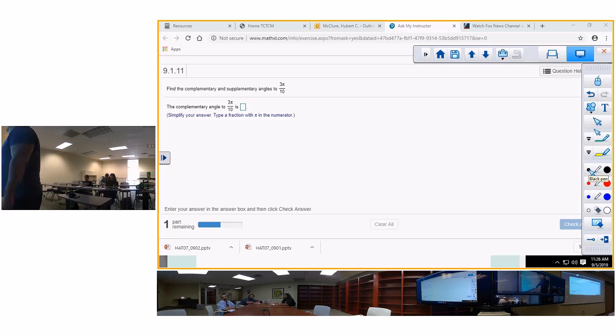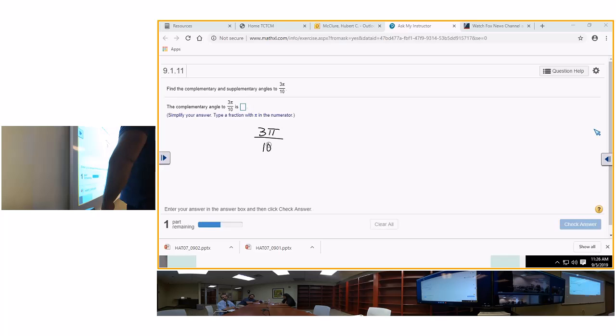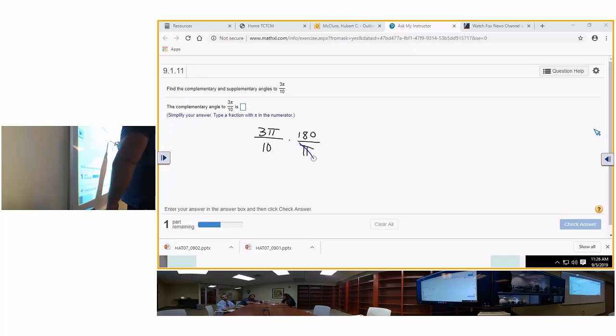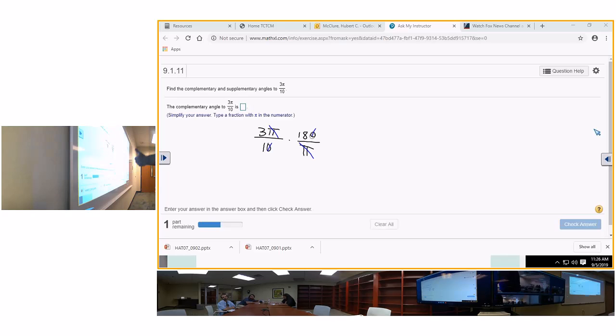So 3 pi over 10, and multiply by what? 180 over pi. So the pi's cancel. Now you do not have to do it this way. This is the way I do it and the way I teach students to do it. The 10 cancels there. So what is 3 times 18? 54. So this is 54 degrees.